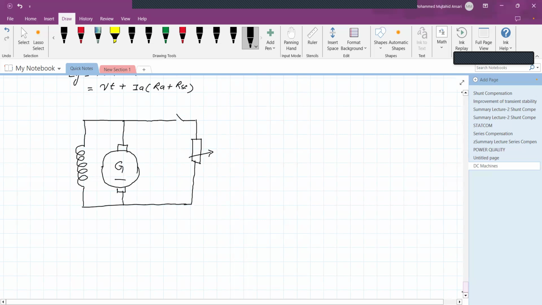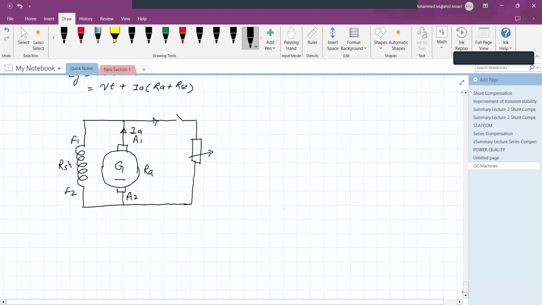The DC generator can be represented with F1, F2 as the field terminals. In the connection, this is A2 and this is A1. The armature has resistance RA, and this has the resistance RSH, the shunt field resistance. The generator is going to deliver the total current IA.